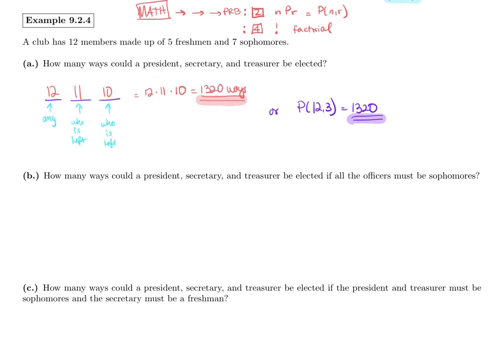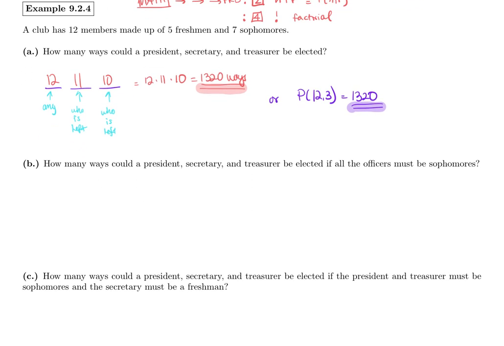So how many ways could a president, secretary, and treasurer be elected if all of the officers must be sophomores? Well, in that case, we only have 7 sophomores. So here, again, we would have 7, and then 6 would be left, and then 5 would be left.